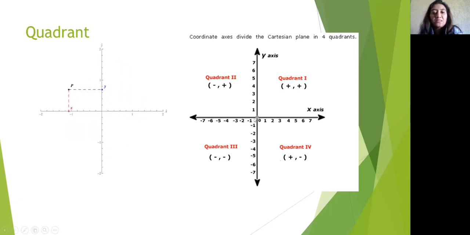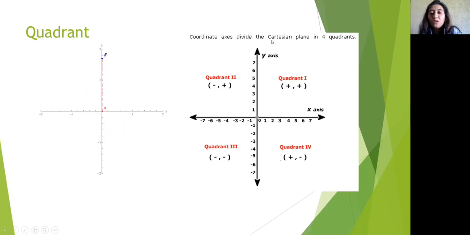Because on the x-axis it is negative numbers and on the y-axis it is positive numbers. Now students, as we all know, a coordinate is always plotted first with the x-axis and then with the y-axis. So we always write the x-axis value first and the y-axis value in second position.